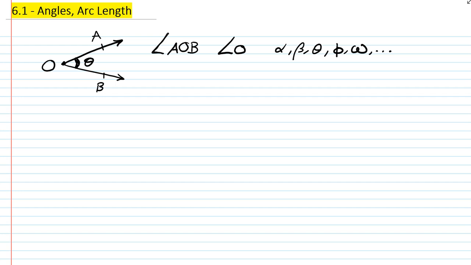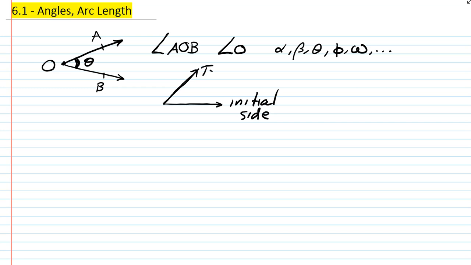Okay, now the angles are usually what we call in standard position. So before I get to the standard position, let's actually draw some angles. So this would be one ray. This would be the initial side of the angle. And then here's the second ray, and we're going to call that the terminal side.